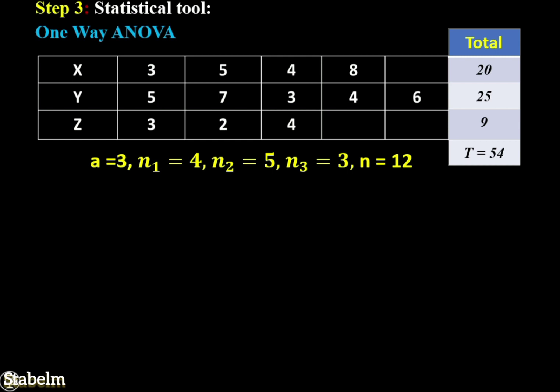Now, we can see that we have N here, and this N stands for the total number of observations for the whole group. If you add 4 plus 5 plus 3, we have 12. It's just like counting each observation here. Now, to make things easier for us, there is something called the correction factor. How do we get it?